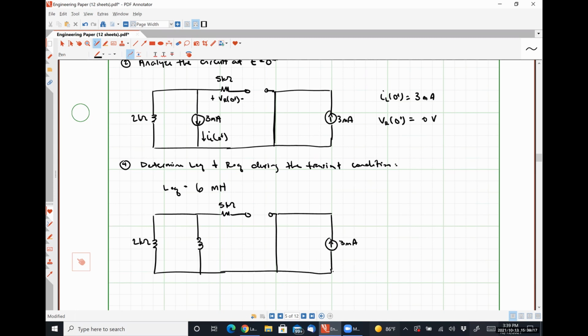Since we are finding the Thevenin equivalent resistance, we need to look at a dead network, which means I need to turn off my current source.